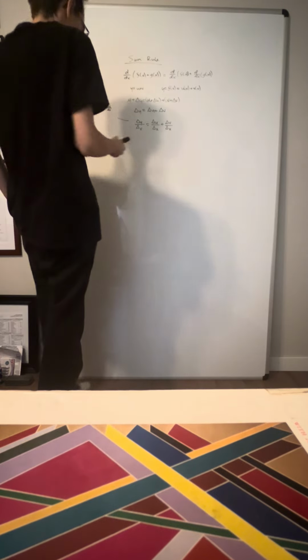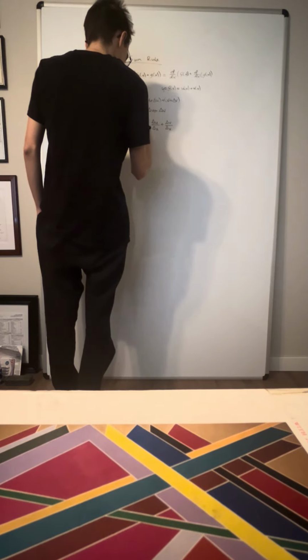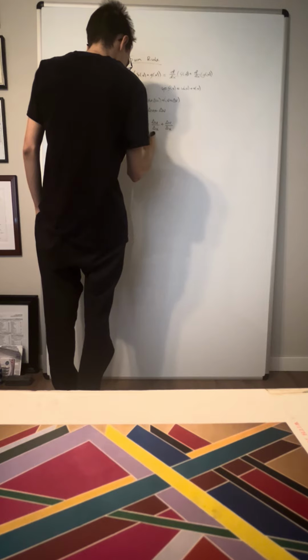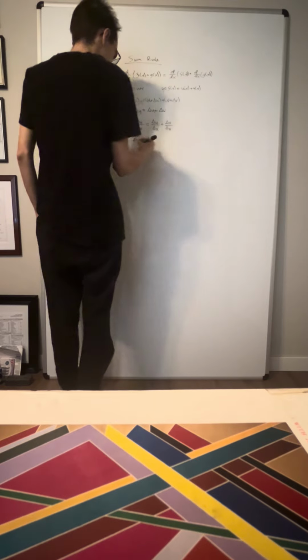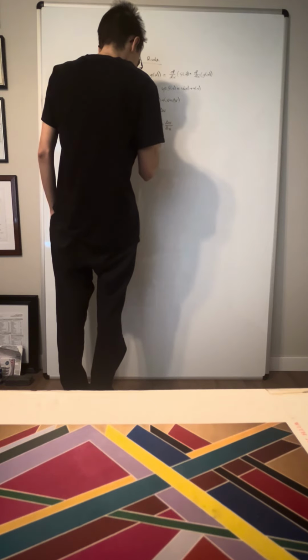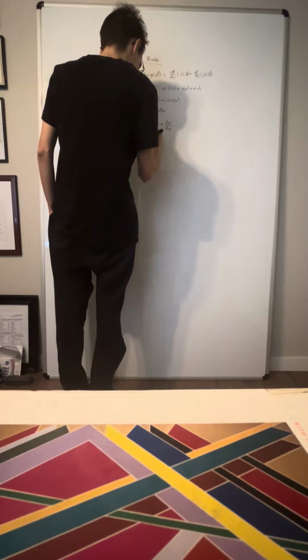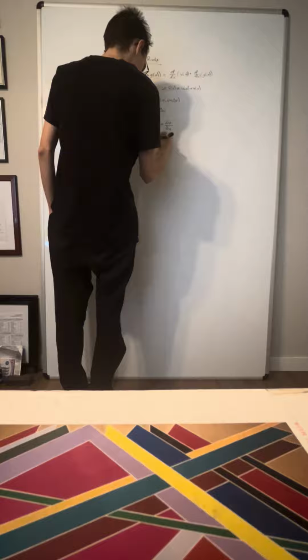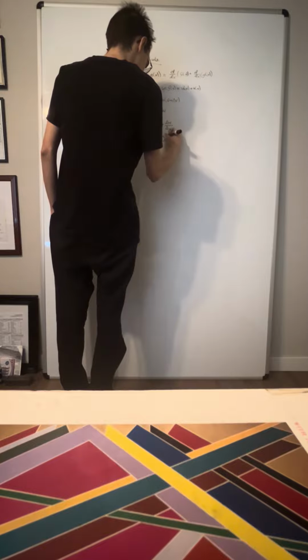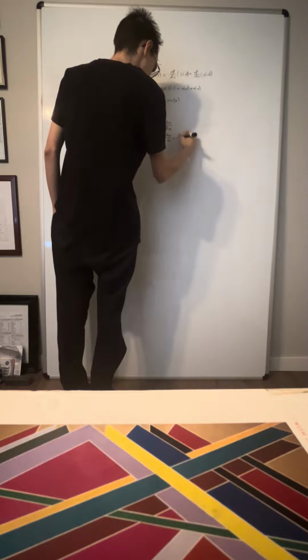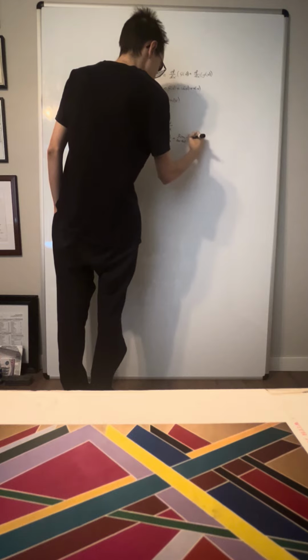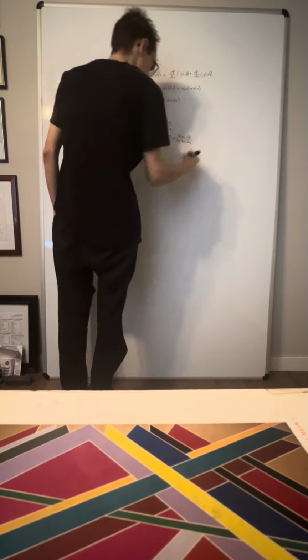So we take the limit as delta x approaches 0 of all of these pieces: the limit of delta y over delta x equals the limit of delta u over delta x plus the limit of delta v over delta x.